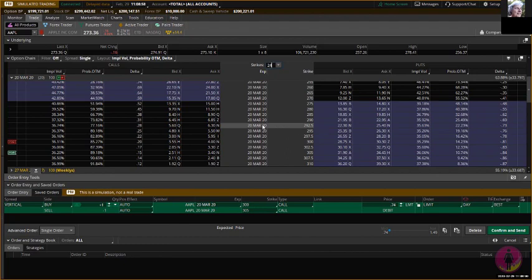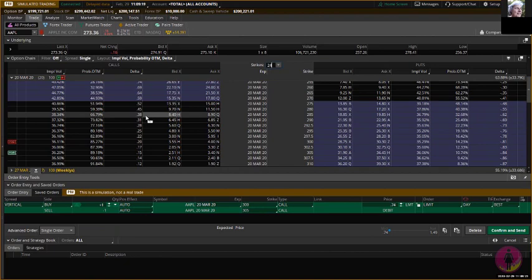So I tried several strikes because I was also looking at the delta. And when I was looking at the delta, I picked something around 30.